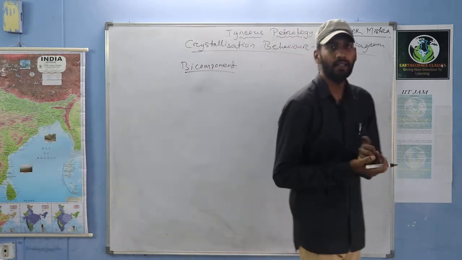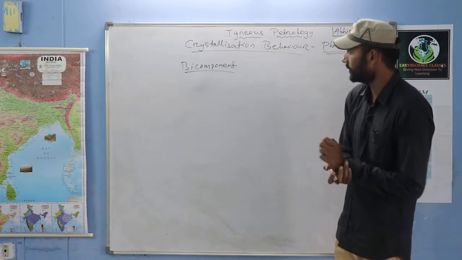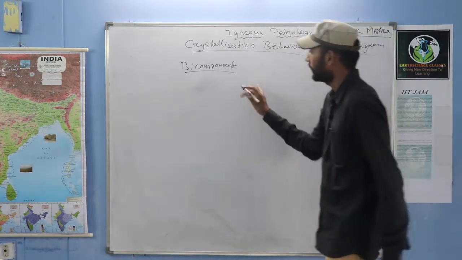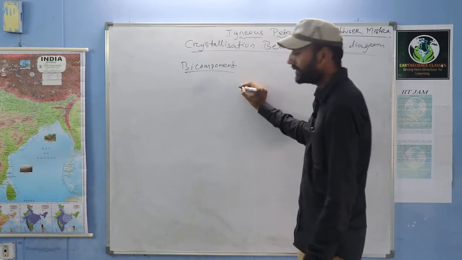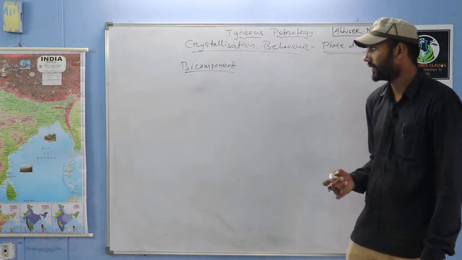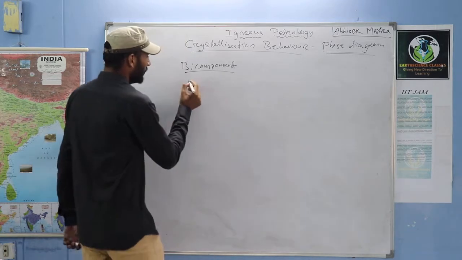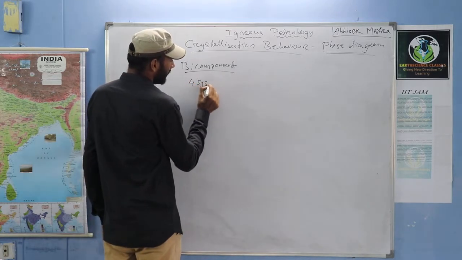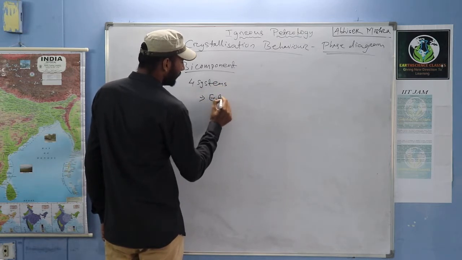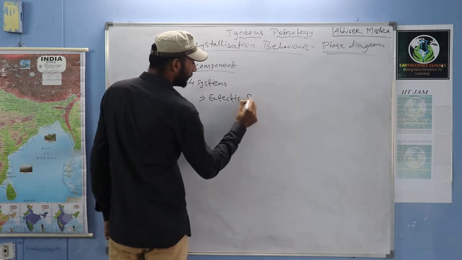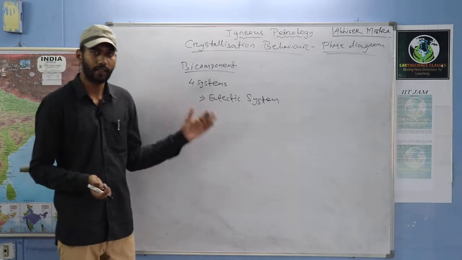Okay, so we'll start bicomponent. In case of the bicomponent phase diagram, we'll study the phase rule. In the bicomponent system, there are many types of systems. We can divide bicomponent into 4 systems, on the basis of their crystallization behavior.